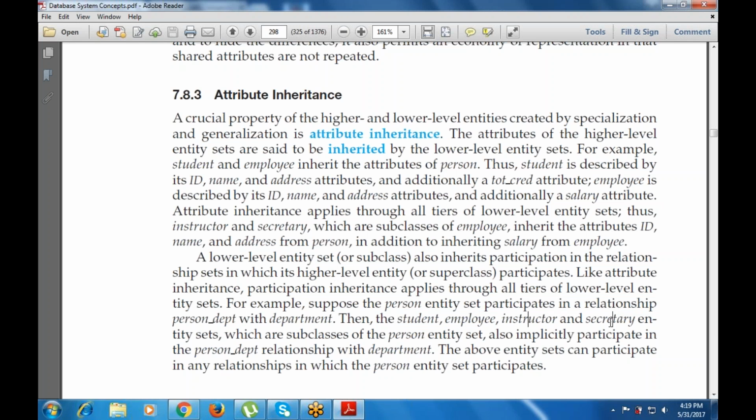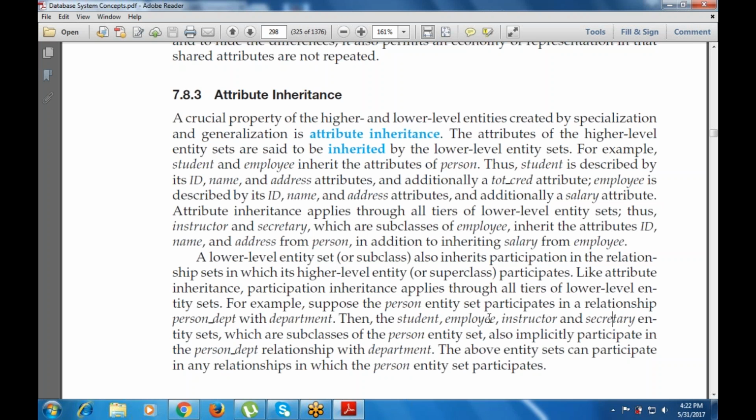Then the student, employee, instructor, and secretary entity sets, which are subclasses of the person entity set, also implicitly participate in the person department relationship with the department.